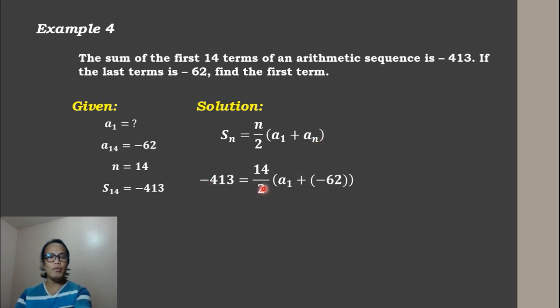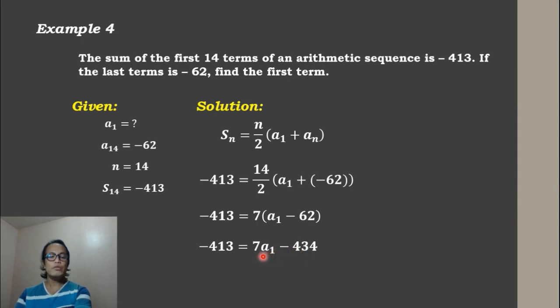Then we simplify, we divide 14 by 2 will give us 7. Then positive times negative will give us negative. That's why we have here negative 62. Then we distribute the 7 to the terms inside the parentheses. So we copy negative 413, then 7 times a sub 1 will give us 7a sub 1. Then we have 7 times negative 62 will give us negative 434.